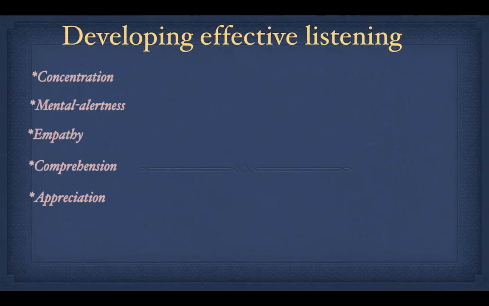First, we have to concentrate on what the speaker is saying, and then mental alertness: we should be alert while he or she speaks. Then empathy, comprehension, we have to understand what the speaker is saying, and appreciation. So these are the ways of developing effective listening. Next, note taking.